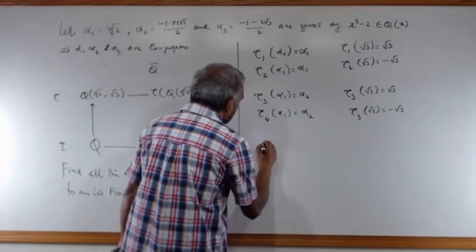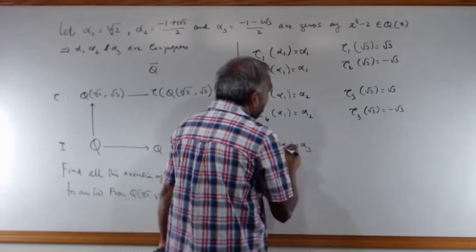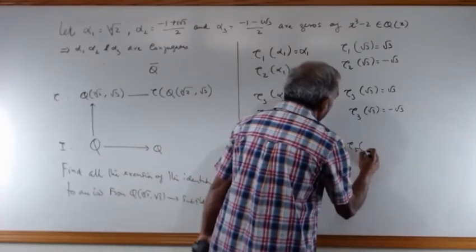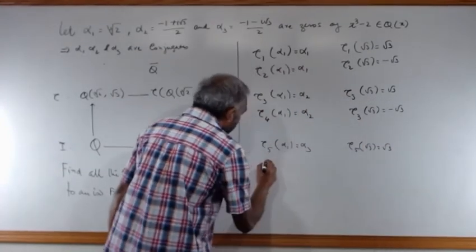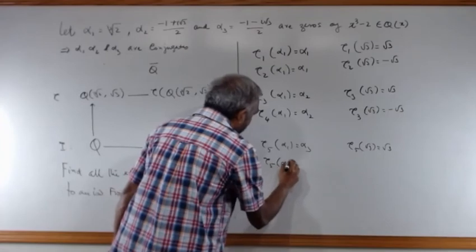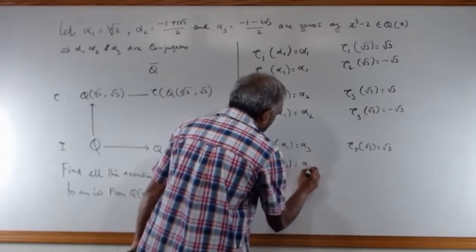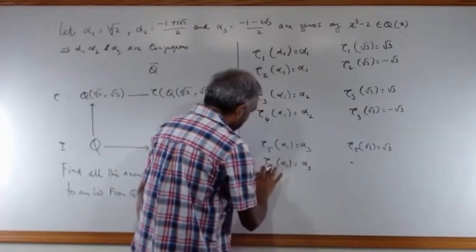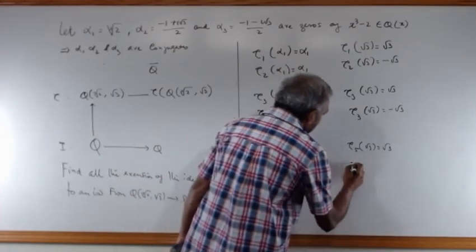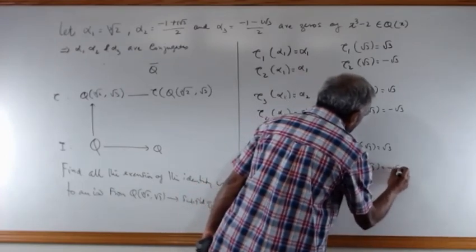The next set will be tau5 of alpha 1 is equal to alpha 3, tau5 of root 3 is equal to root 3, and tau6 of alpha 1 is equal to alpha 3, tau6 of root 3 equal to minus root 3.